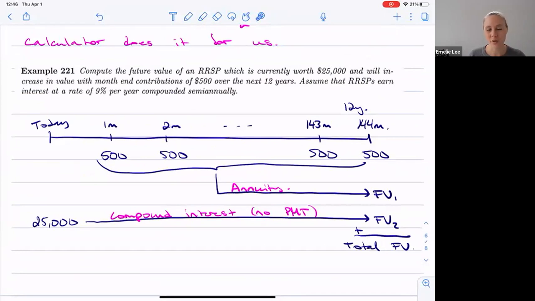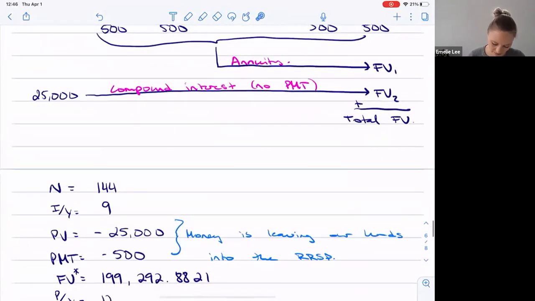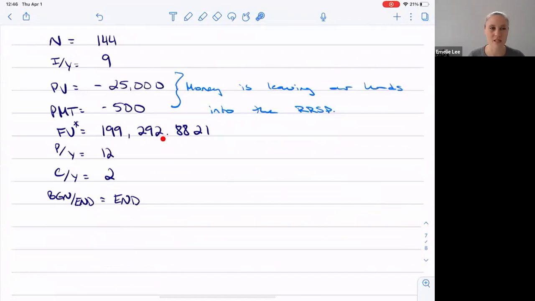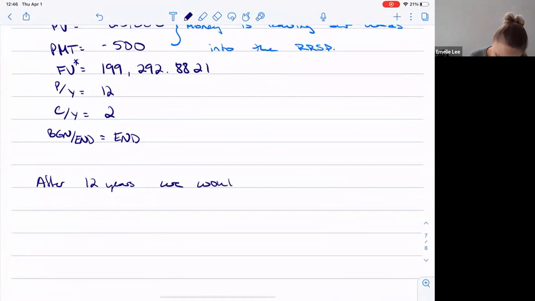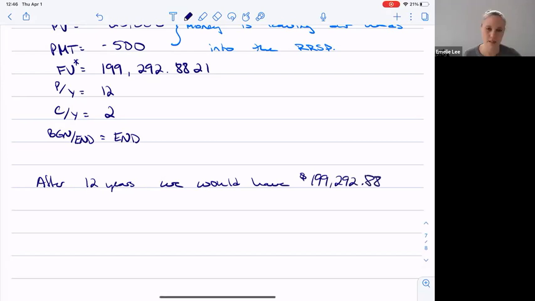The future value, so after 12 years with this setup, right, we would have $199,292.88 in the RRSP.